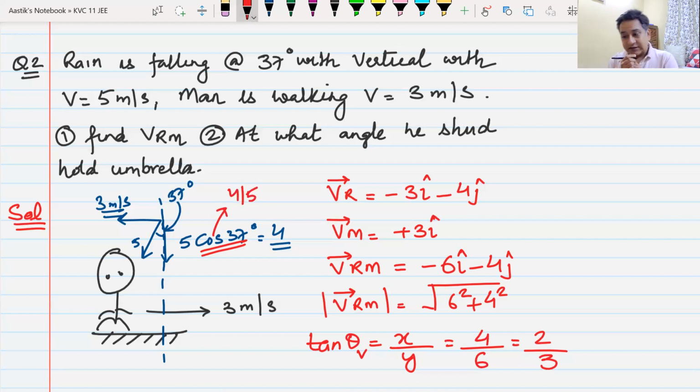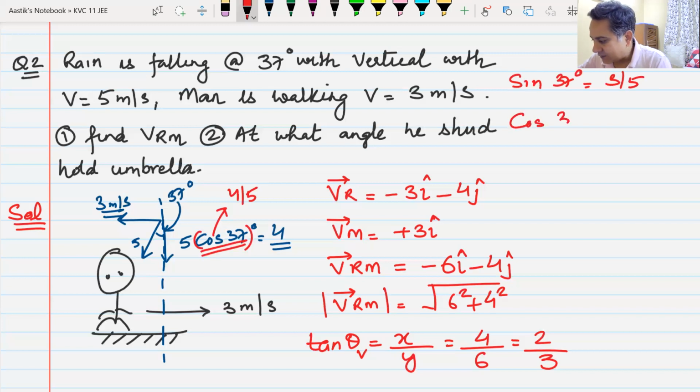And the value of sine 37 is 3/5. Remember that sine of 37 degrees is 3/5 and cos of 37 degrees is 4/5. Will you remember this now? I've said that many times, I guess. Anyways, everyone understood this?